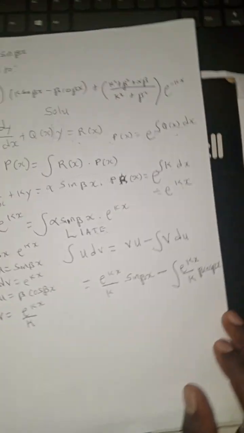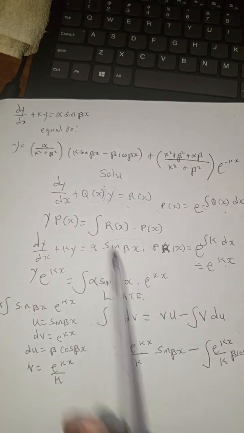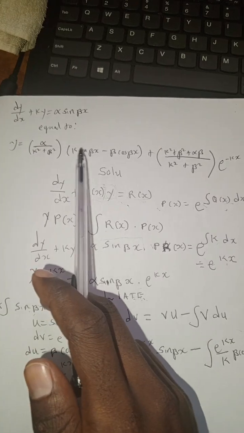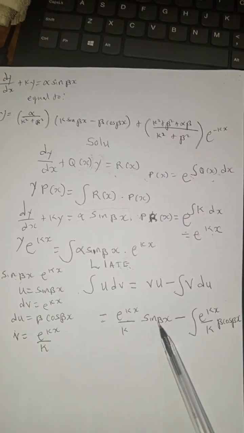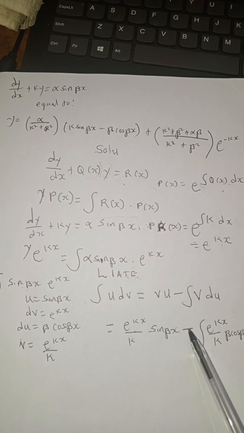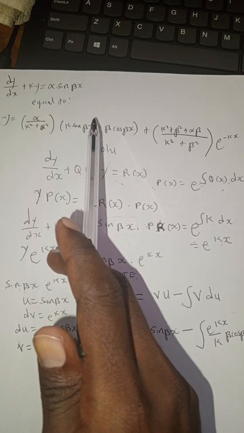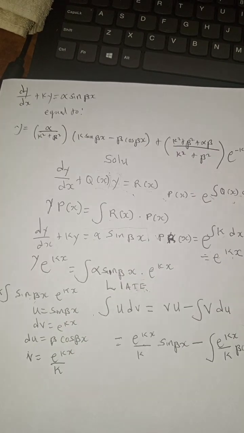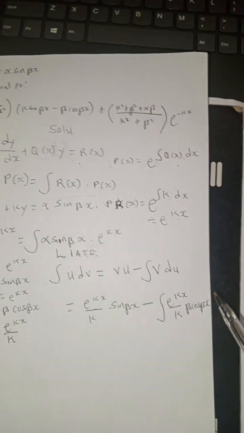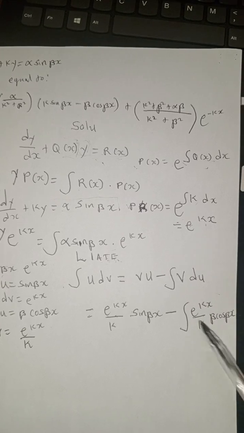Now from here, we can try to compare with what we have. We can see that our solution will have e^kx over k sine beta x. Then minus, it's not supposed to be integral, but it has to be minus beta over k times the integral of e^kx cos beta x. So this shows us that we will need to integrate this once more.